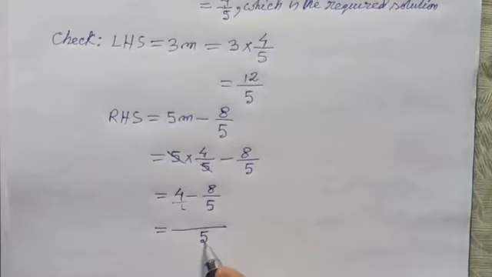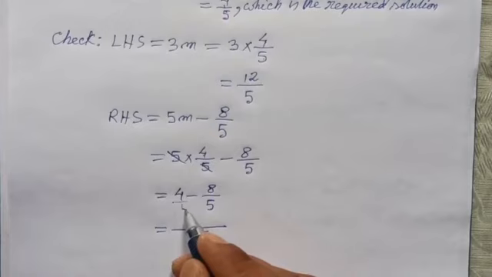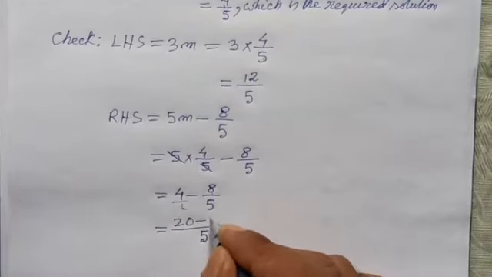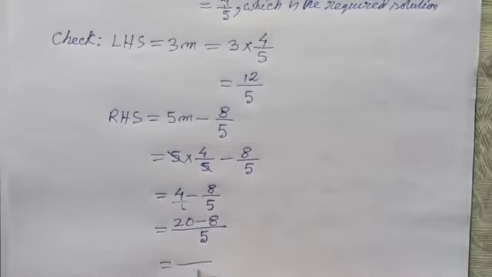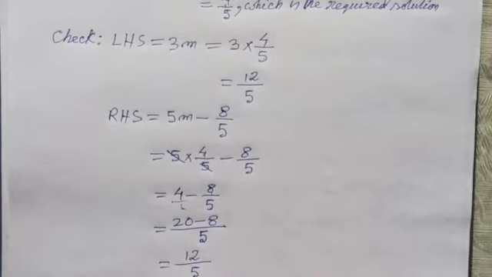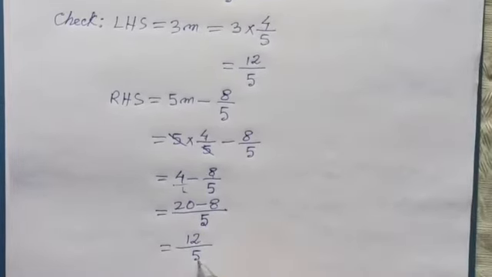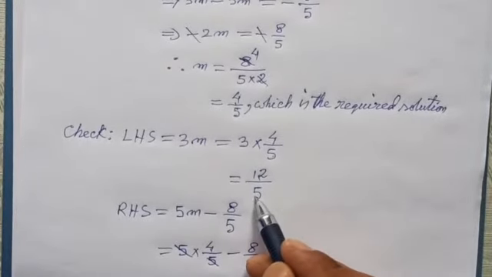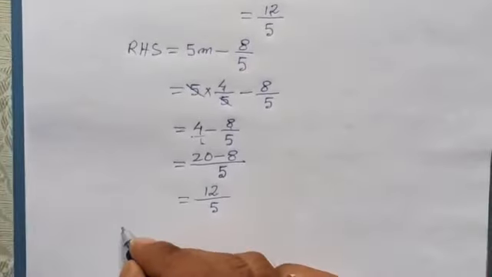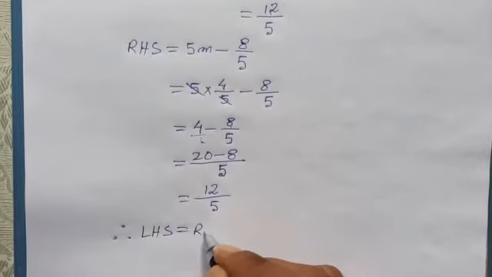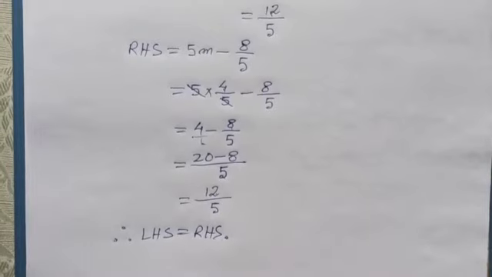Then 5 divided by 1 is 5. 5 times 4 is 20, so we get 20 minus this 8. 20 minus 8 is 12. And here is 12 by 5, and the left hand side is also 12 by 5. That means left hand side and right hand side are equal. Therefore left hand side is equal to right hand side. Here this question is over.